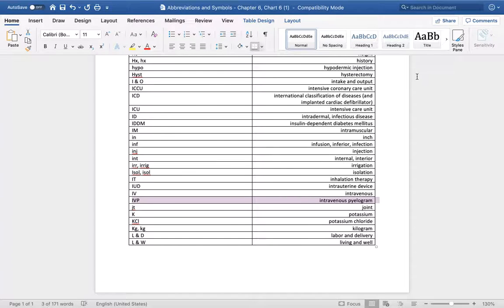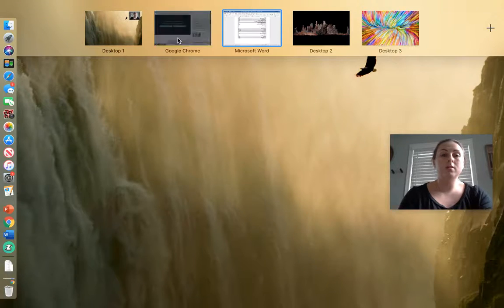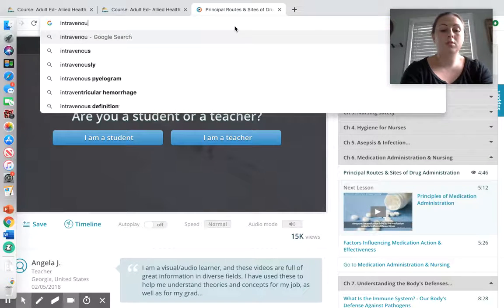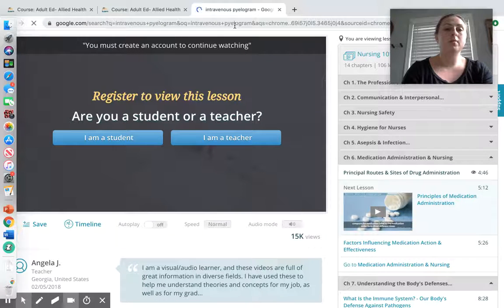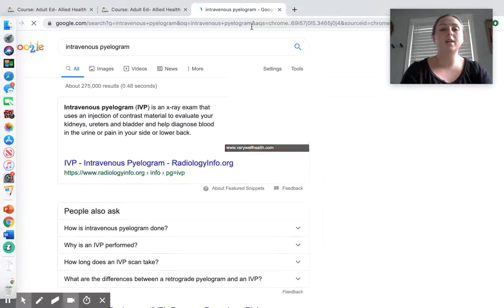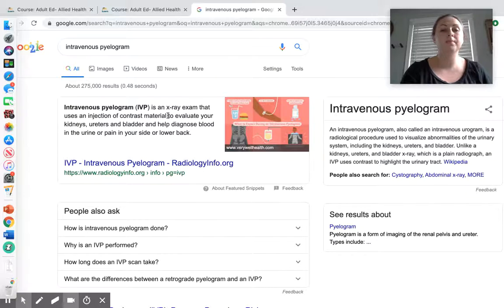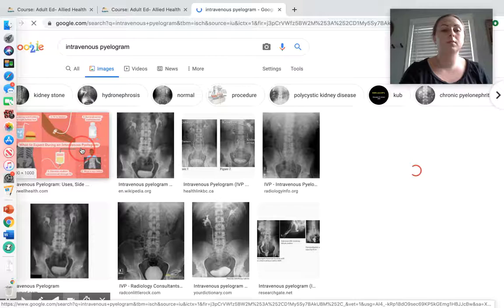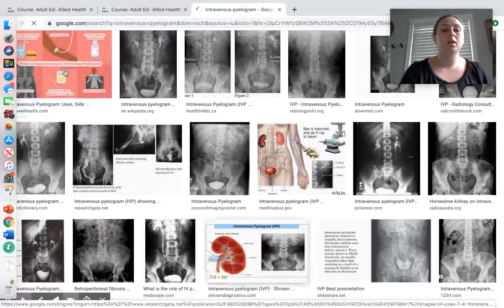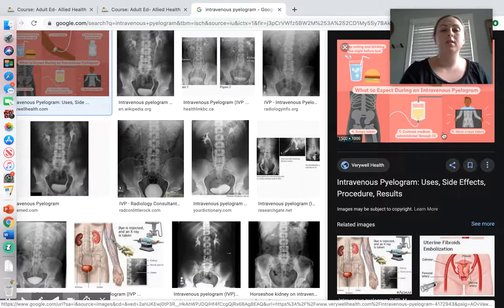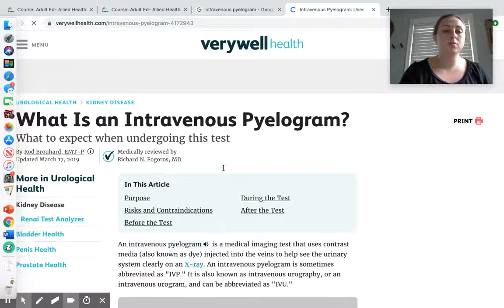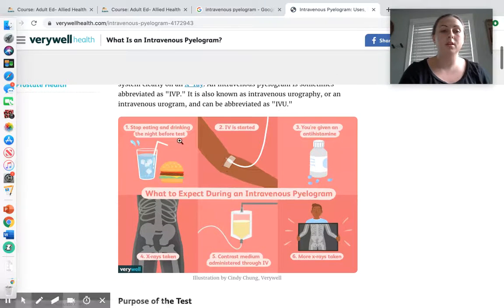Intravenous pyelogram. This is IVP dye. It's a contrast dye that is utilized during certain scans.